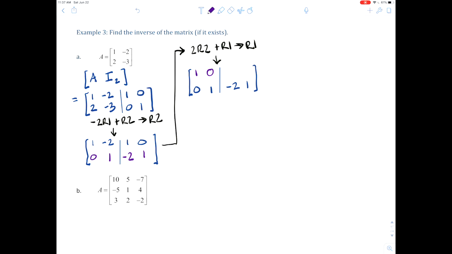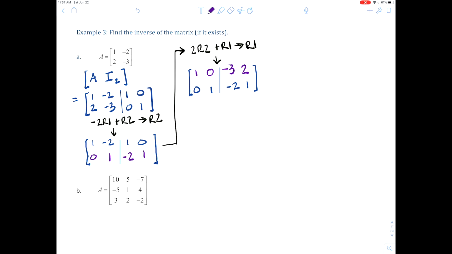And then we'll have, let's see, 1 minus 4 is -3. And then for the last one, let's see what we get. We'll have 0 plus 2 is 2.